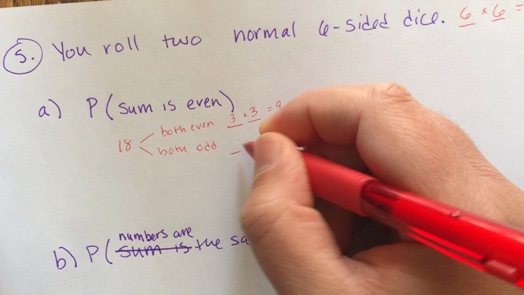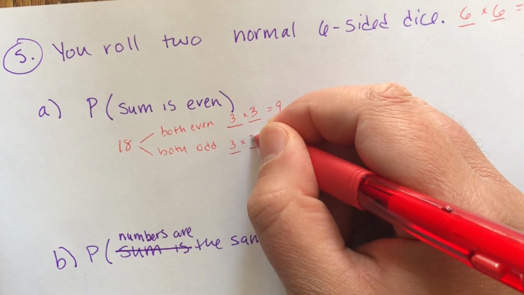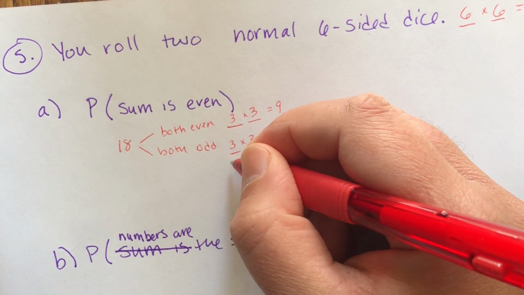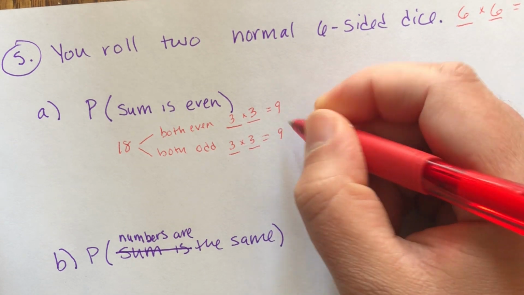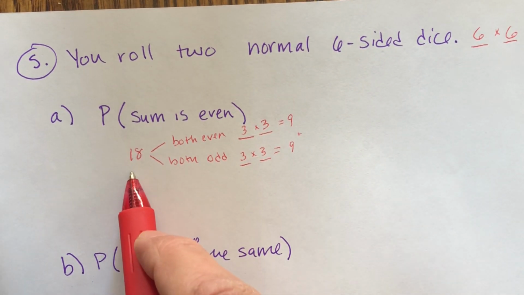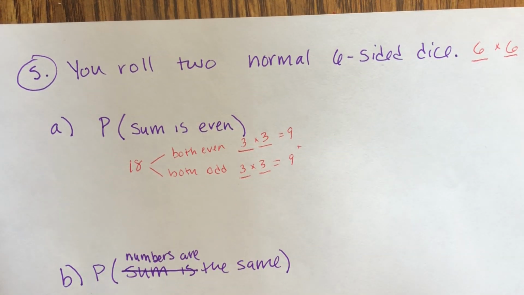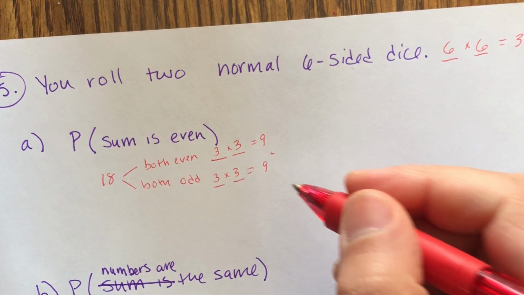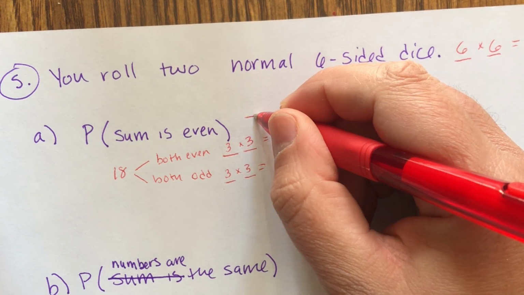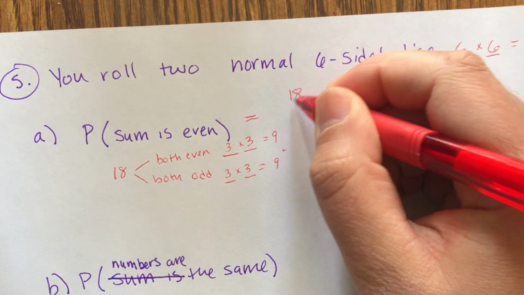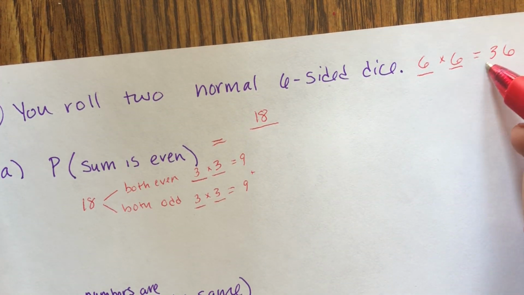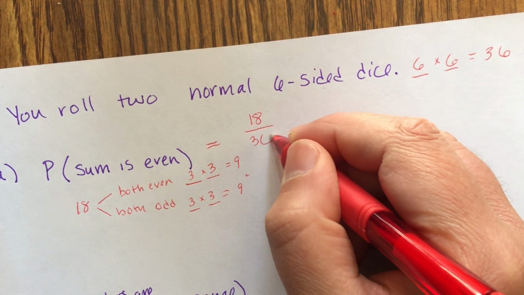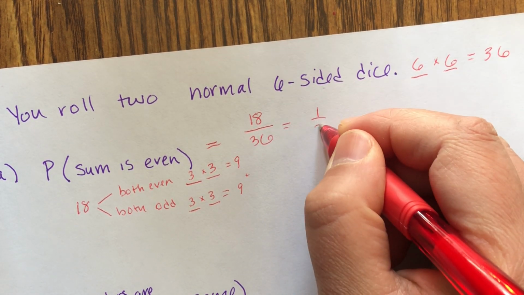If they're both odd, again, 3 and 3, because each one could either roll a 1, 3, or a 5. So there's 9 options here for a total of 18 favorable outcomes. Or just look back at your notes from before spring break. And so this probability that the sum is even is the number of favorable outcomes, 18, over the total number of outcomes, 36. And this reduces to 1/2.